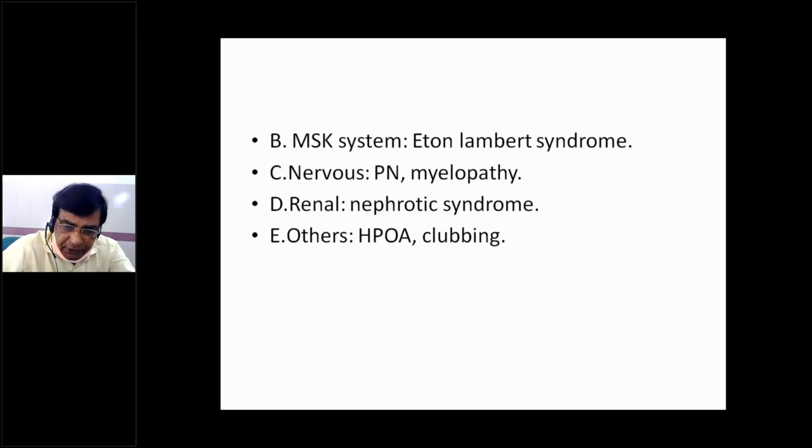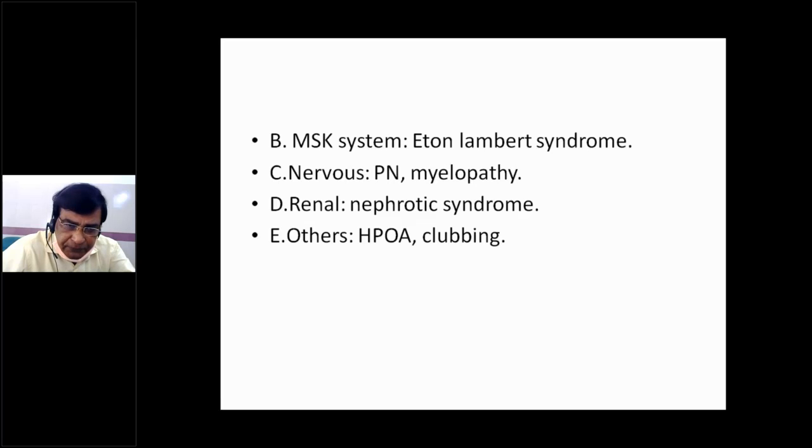Incremental change means during repetitive contraction or stimulation of the muscle, the amplitude of the muscle potential will be gradually increased. It is Eaton-Lambert syndrome. But in myasthenia gravis, repeated stimulation causes decreased amplitude of the muscle fiber.